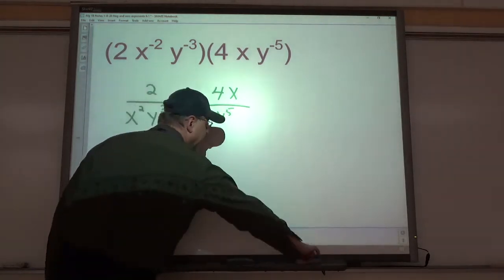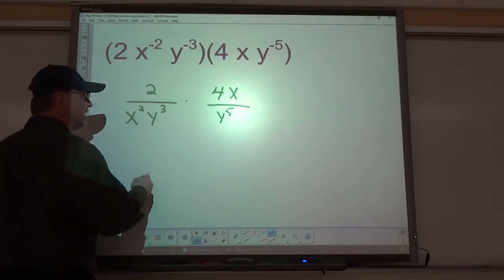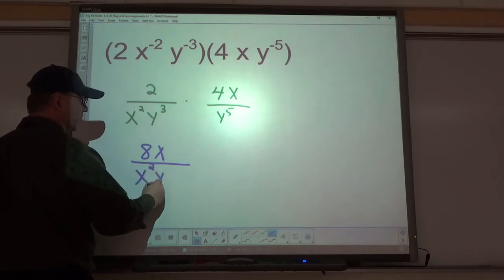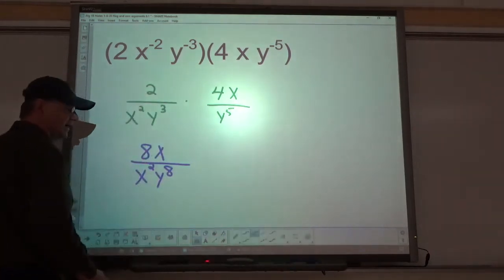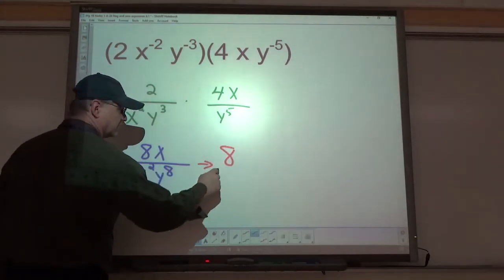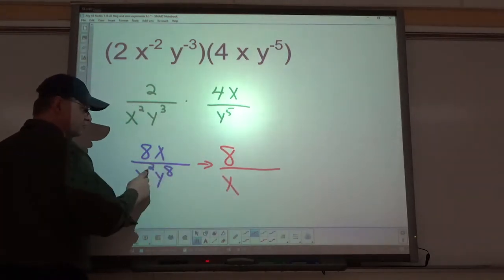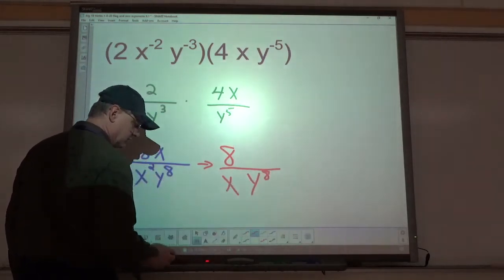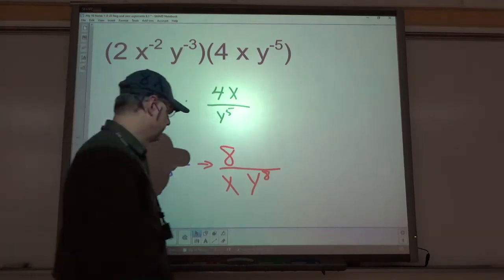Then I have to multiply and simplify. So I have 8x over x squared y to the 8. Finally, I would reduce the x's. The x is bigger on bottom, and 2 minus 1 is 1, so I have 8 on top, x, y to the 8, and there would be my final answer. That's one way you could go about it.